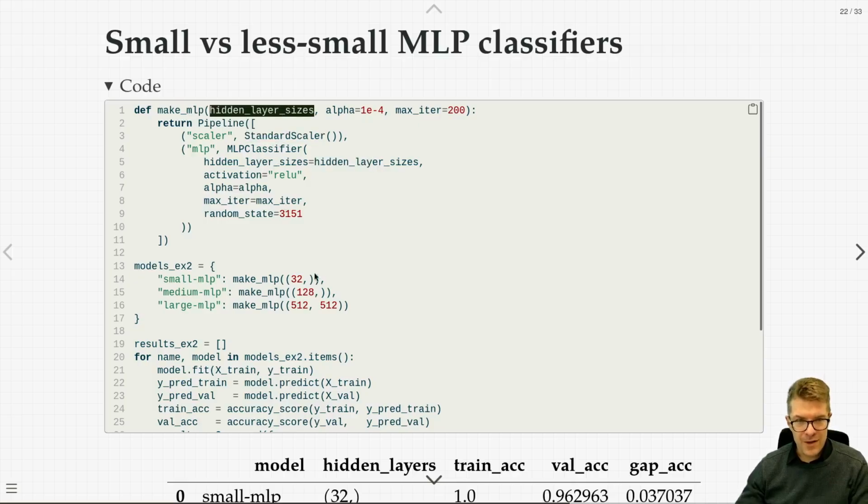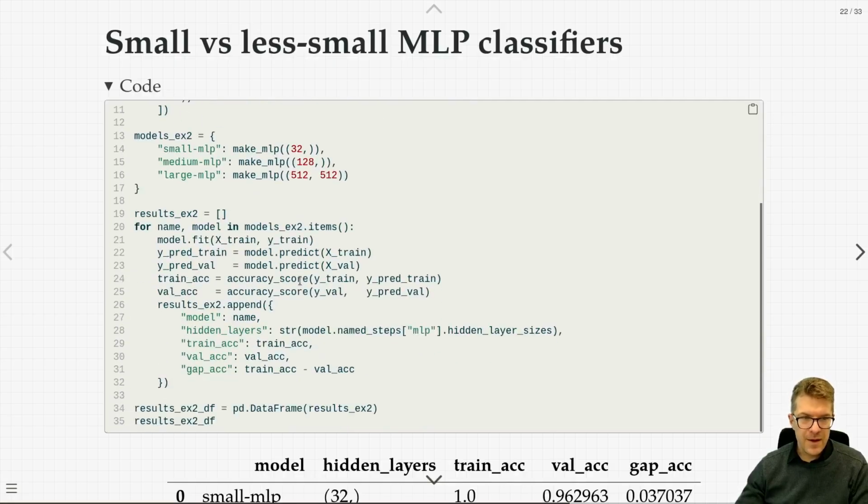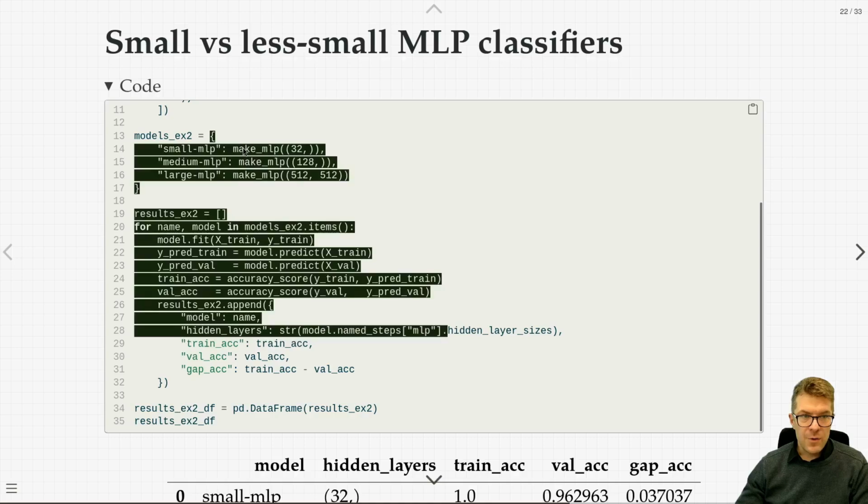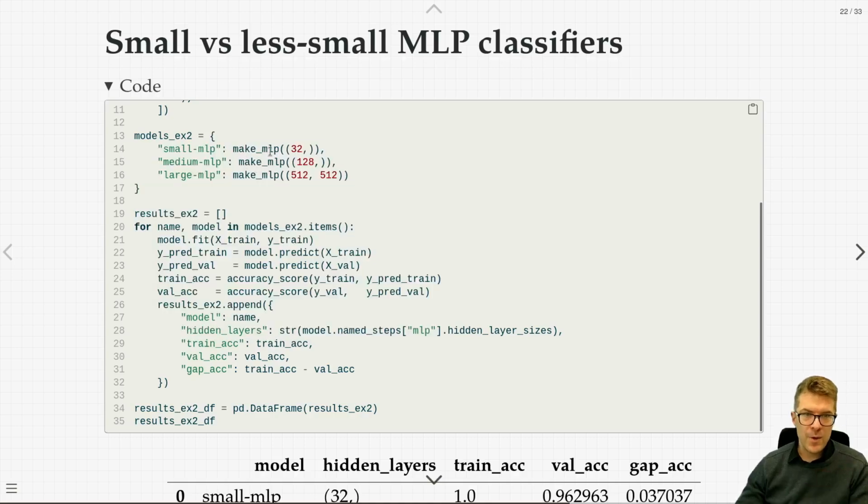ReLU is our activation function, et cetera. And we'll make 3 of them. A small one with 1 hidden layer with 32 units in it, a medium one with 1 hidden layer with 128 units in it, and then a large-ish one with 2 hidden layers, each with 512 units in them. And then we will do some training and do some predictions, and then report on the results.